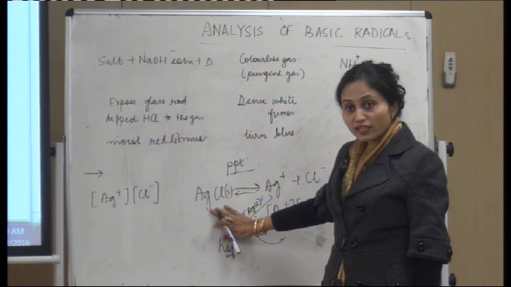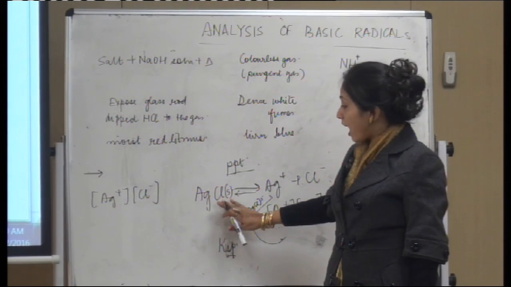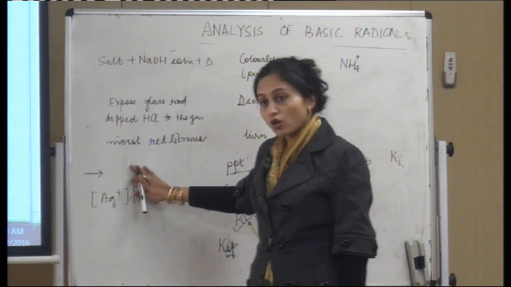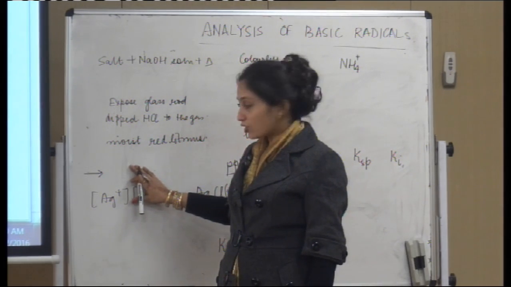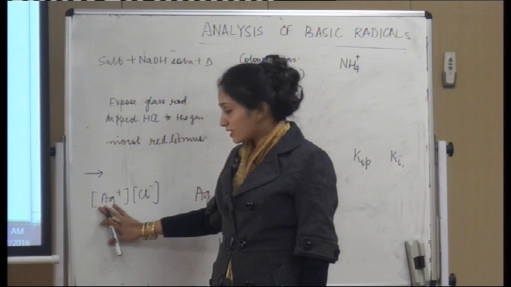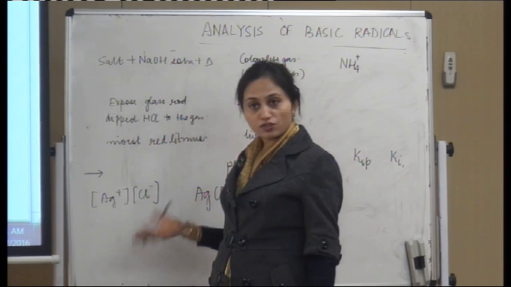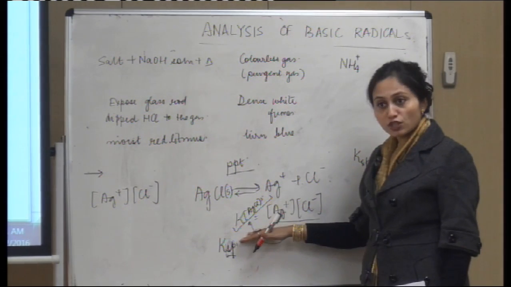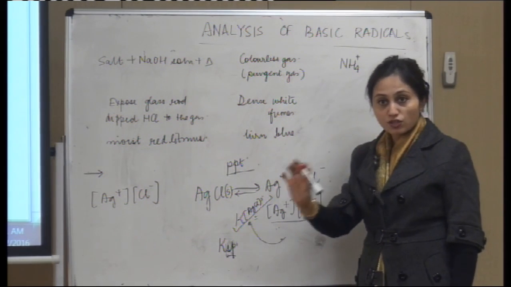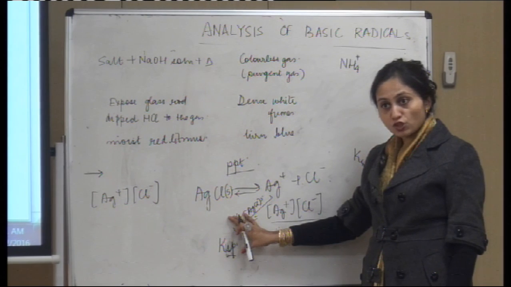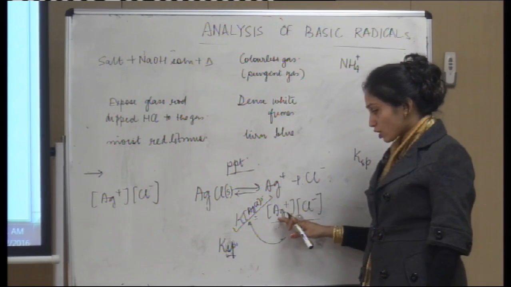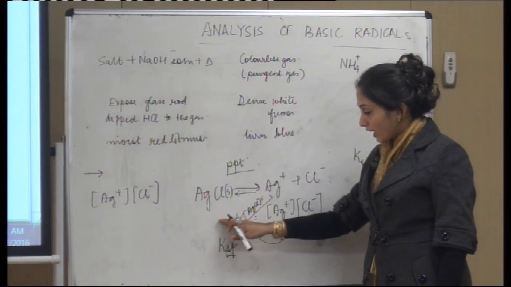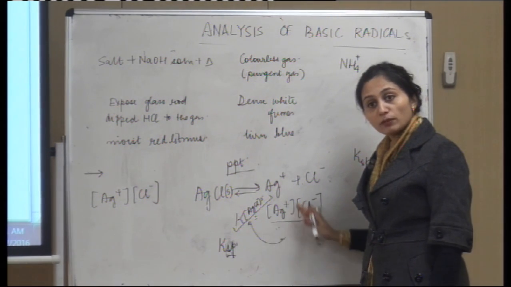Our intention is that we want the Ag plus concentration or Cl minus concentration to go high, such that the ionic product, meaning this ion concentration times this ion concentration, exceeds it. But what is your solubility product? It is a constant for a given salt, a factor characteristic of a given salt. So Ag plus times Cl minus is equal to K times AgCl solid. So I call it the solubility product.